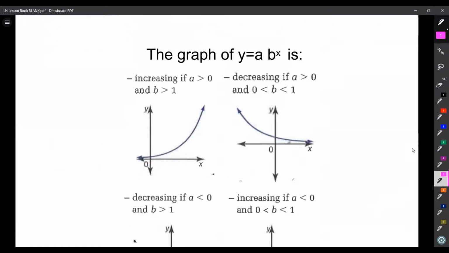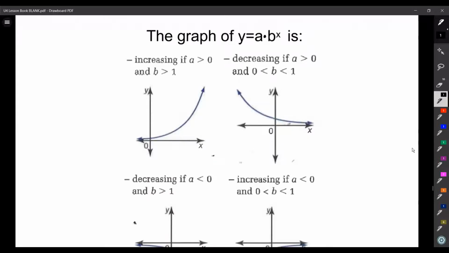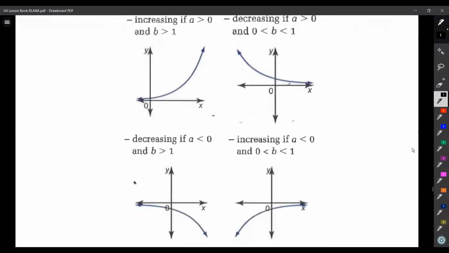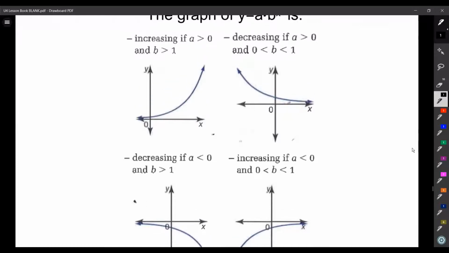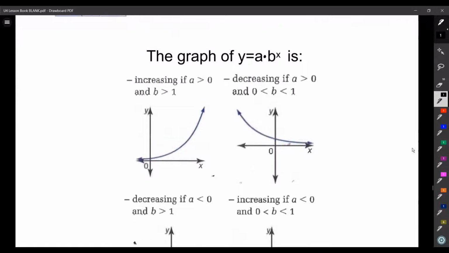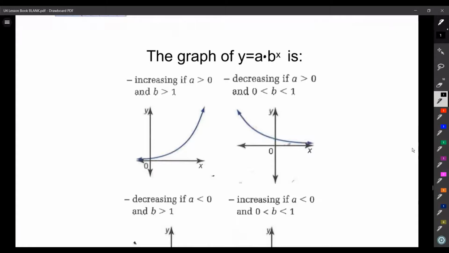So there's a bit of a summary that we can create, and we can know the shape of our graph just by looking at the equation y equals a times b to the x. So I can predict whether my graph is going to be increasing or decreasing, and I also will know whether it's above the x-axis or below the x-axis based on what my a and b values are. These are probably the most straightforward graphs because we talked about growth and decay.